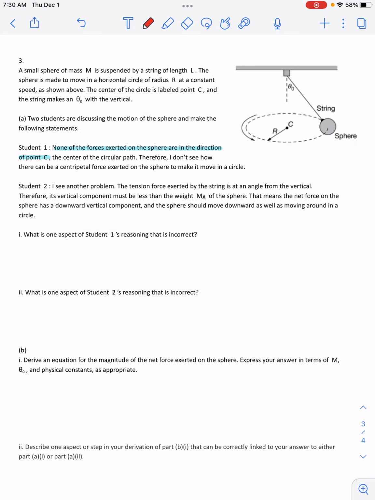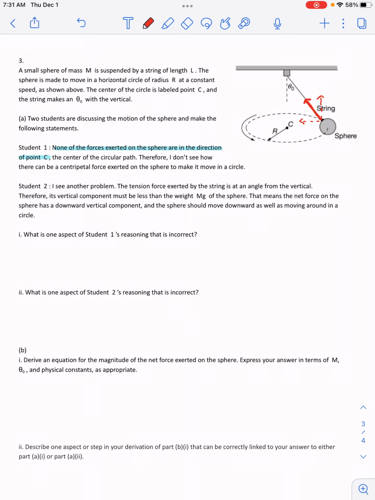So, for example, if we're looking at the diagram here, there's a force of tension that goes up along the string here, right? And because that force is at an angle, it does have a component that points towards the center like this, as well as a component that points upwards like this.